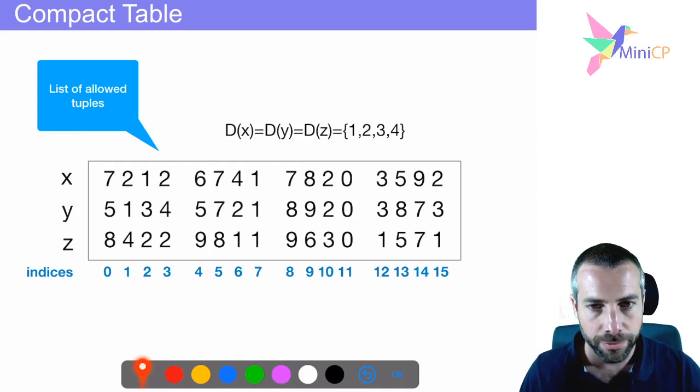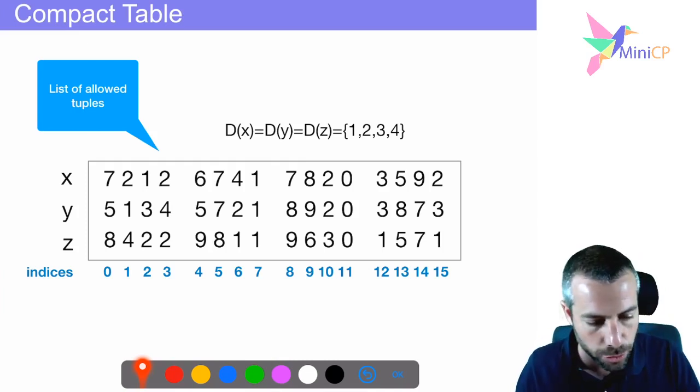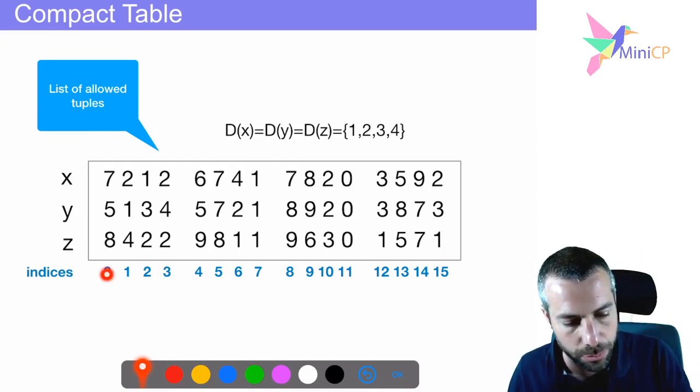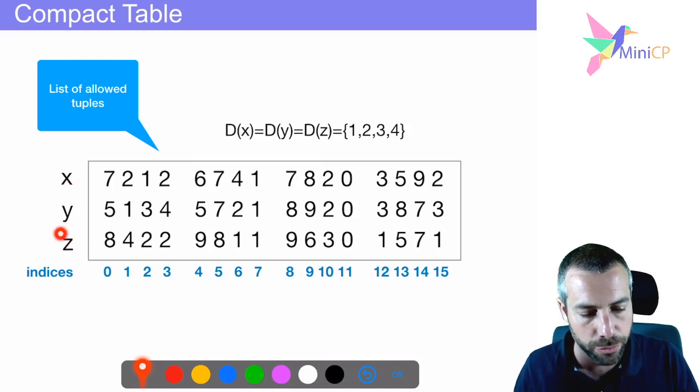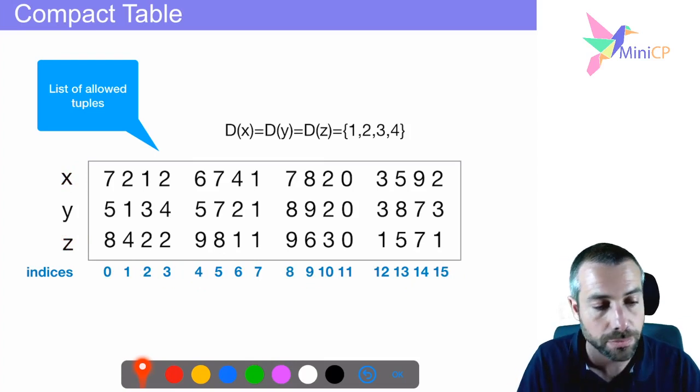So for introducing compact table, I will just use a flipped representation of the table. The table is represented with the variable here, and you've got all the tuple indices represented here horizontally.